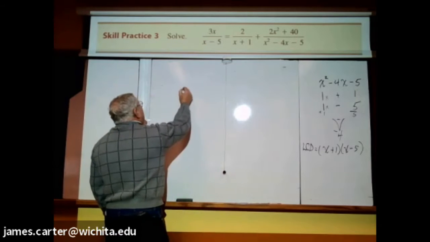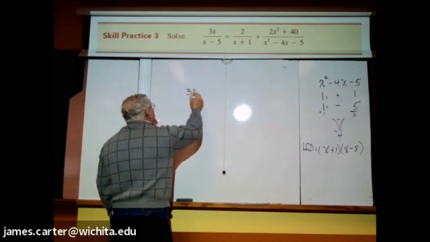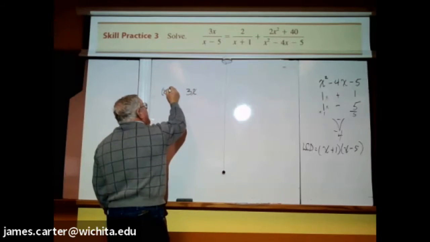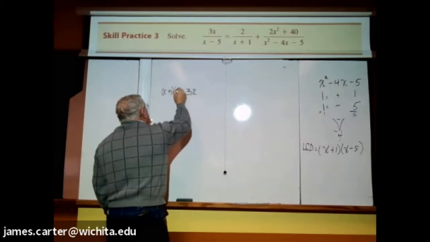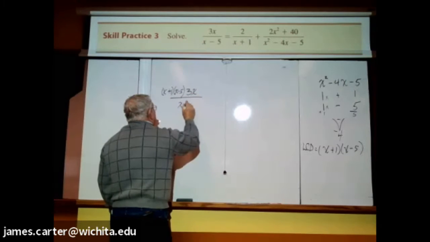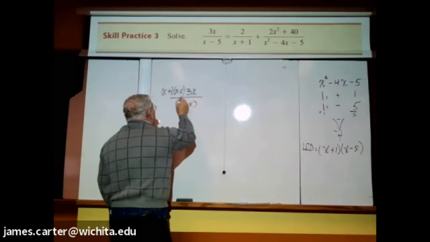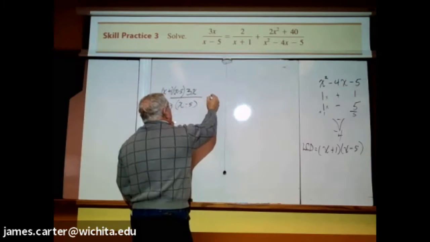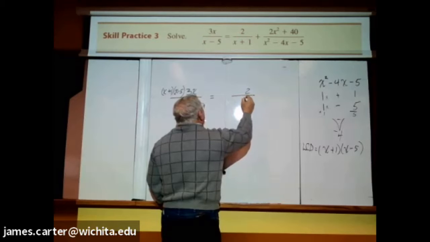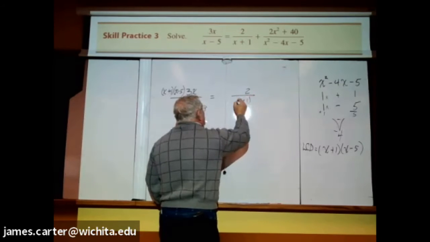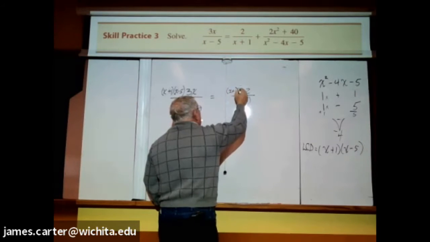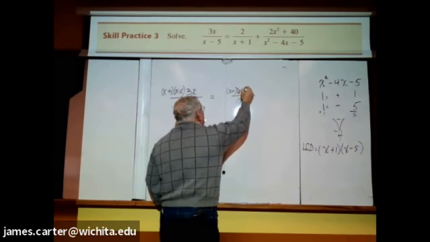So I take this problem, 3x, and I multiply it by the x plus 1, x minus 5, and it's over x minus 5. And I like to put parentheses around those. Equals a 2 over x plus 1. So I have to multiply this by x plus 1, x minus 5.